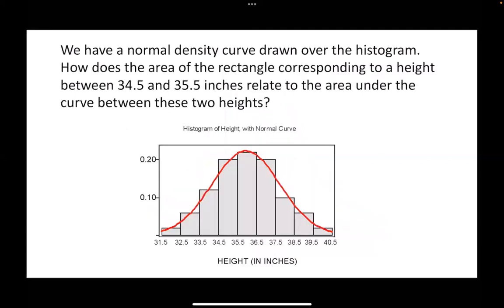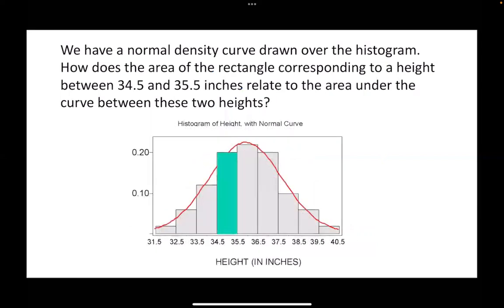So here's a normal density curve that I have drawn over the histogram. We're going to talk about what the area of a rectangle between 34.5 and 35.5 would mean. Take a look right here. I could take this curve, and if I took this piece off and put a little bit of it under there, it would mostly fit. Now, if I start making these rectangles smaller and smaller, it's going to fit prettier and prettier.